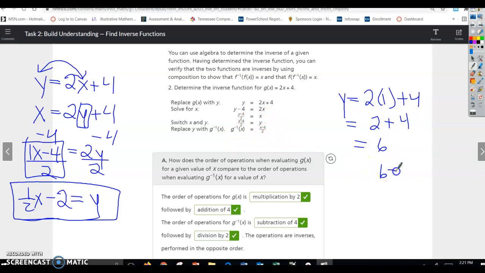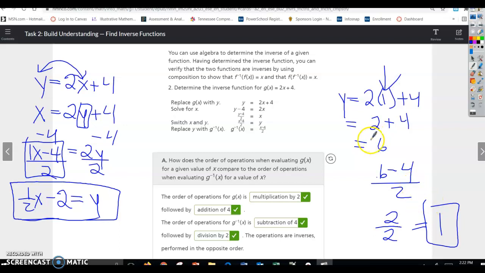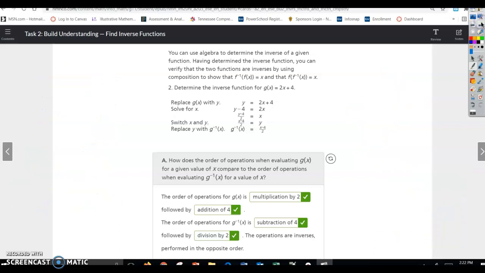What is 6 minus 4 divided by 2? 6 minus 4 is 2. 2 divided by 2 is 1. So I started with 1 as my x. I plugged it into g of x. Then I took the output and plugged it into g inverse of x, and I got back to where I started. So that proves that those two functions are inverses.